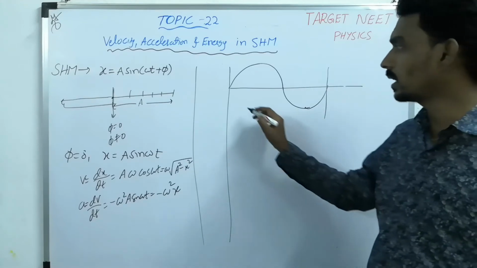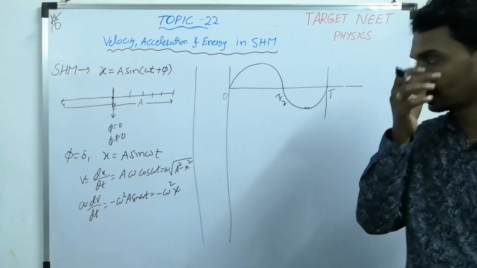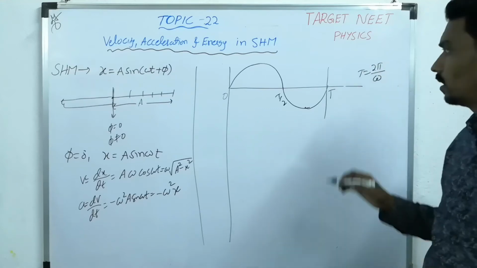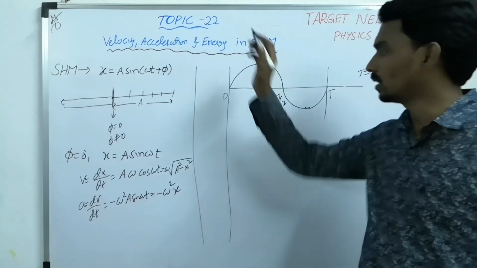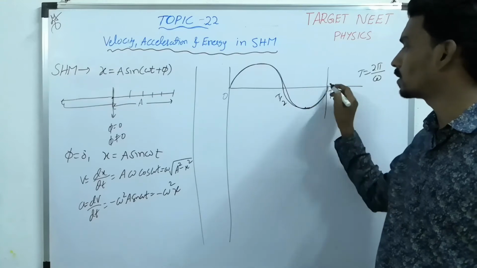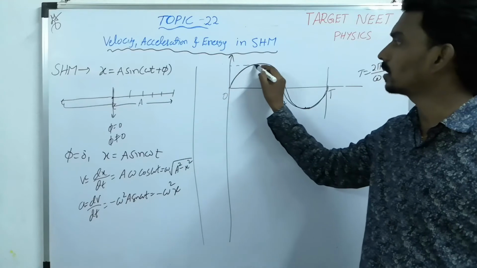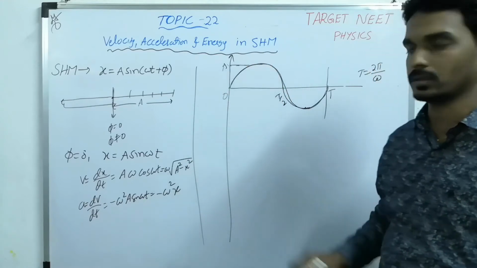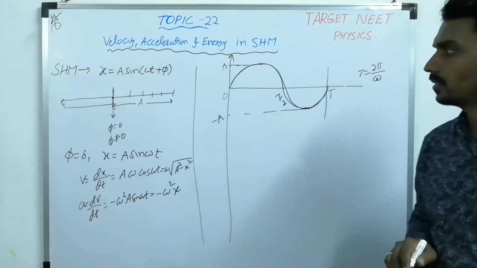The time taken is called one time period, capital T, where T equals 2 pi by omega, where omega is angular speed. This is the graphical representation of displacement variation with time. Here the maximum displacement is nothing but the amplitude. This is plus A, this is minus A.